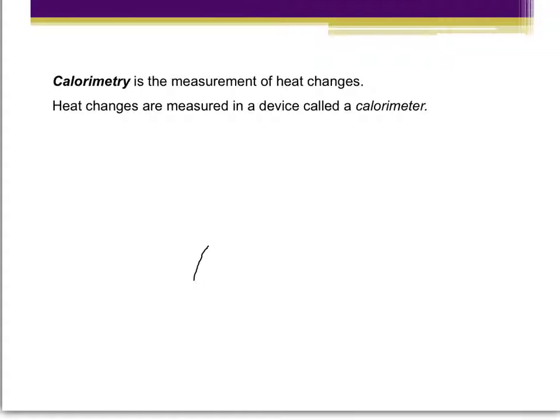So I just showed you an example of a calorimeter, but the definition now for practical purposes is calorimetry is a measurement of heat changes. Heat changes are measured in a device called a calorimeter, and we just saw an example of that.